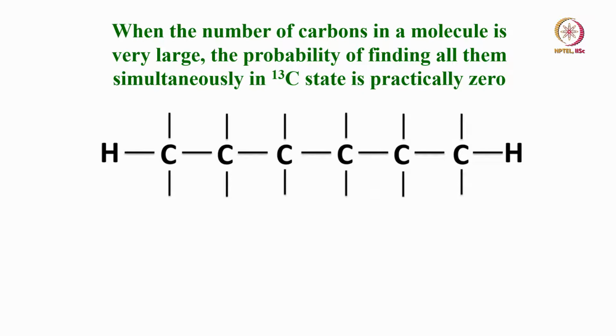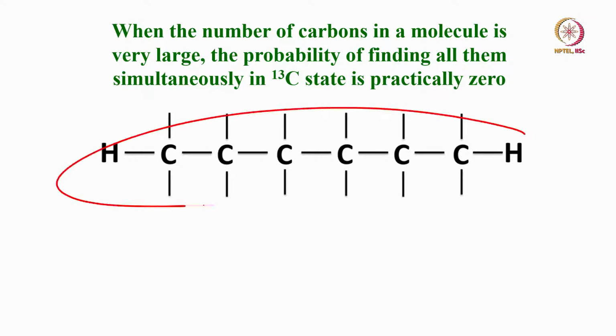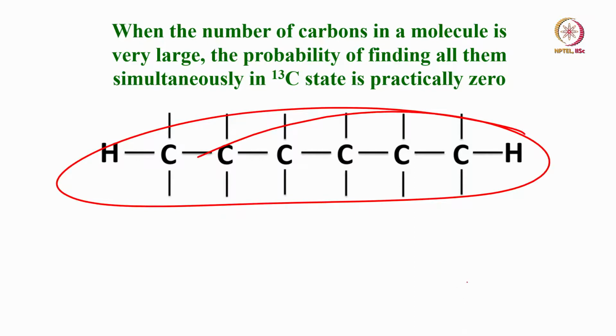Now extend the logic. I don't have to keep on doing the arithmetic. Go to a simple molecule like this, a very big molecule where 6 carbons are present. Hypothetical molecule, there are different substitutions, don't worry, there is no symmetry in this molecule. All carbons are inequivalent. There are 6 carbons. What is the probability of seeing all the 6 carbons in carbon 13 state?